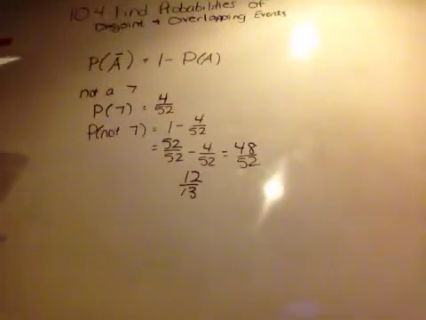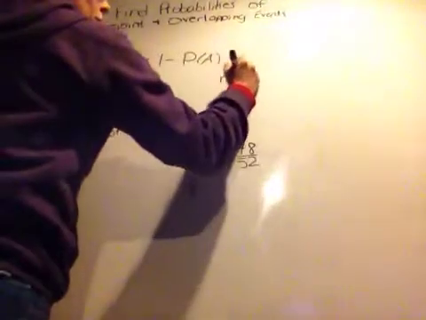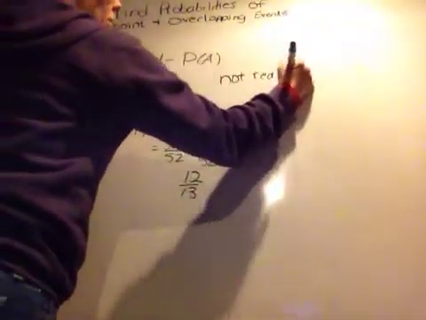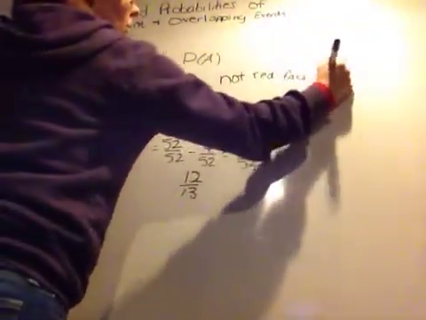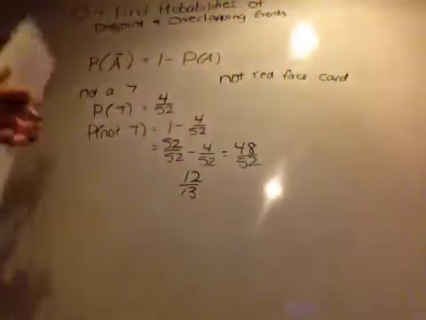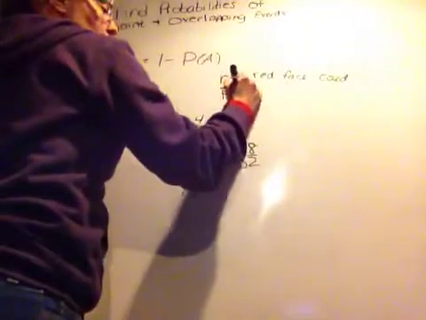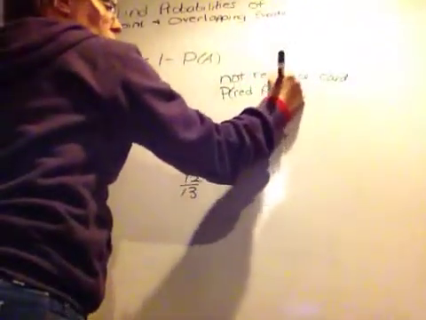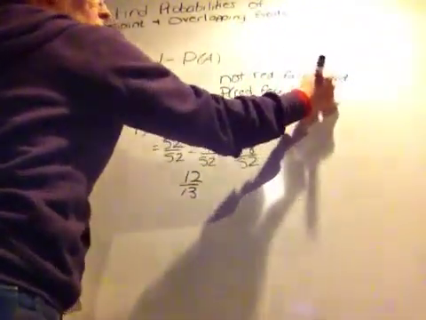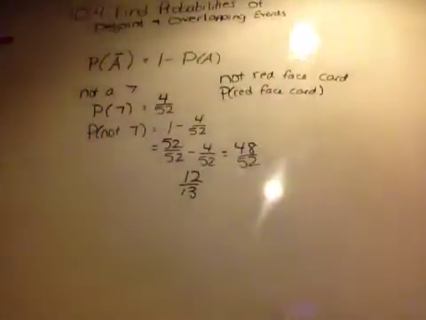Okay, and then we have the card is not a red face card. So now first we're going to find out what's the probability that it is a red face card. Your face cards in the deck are the Jack, Queen, and King.